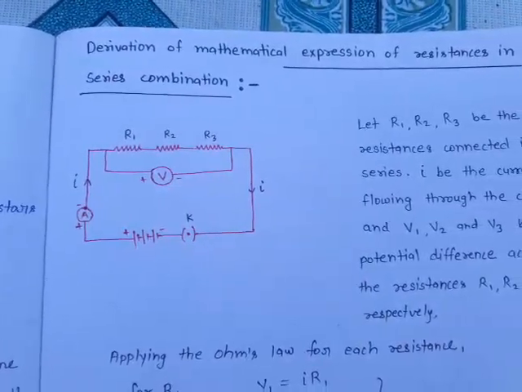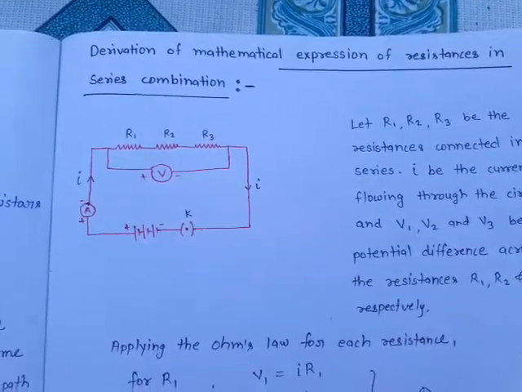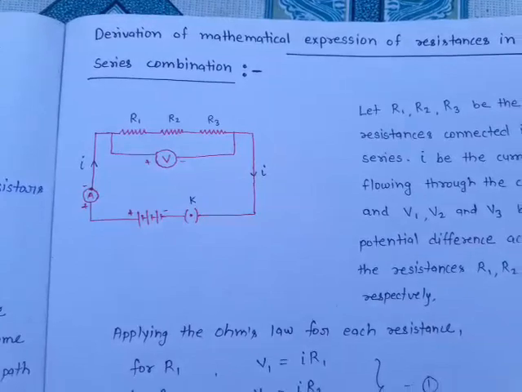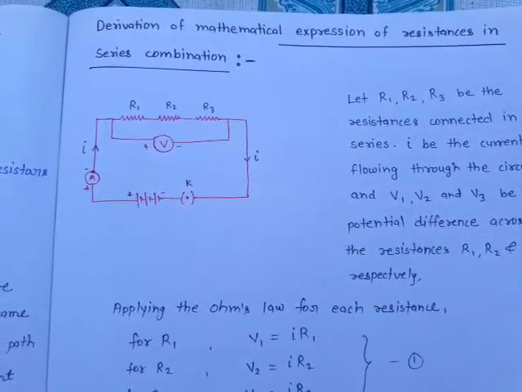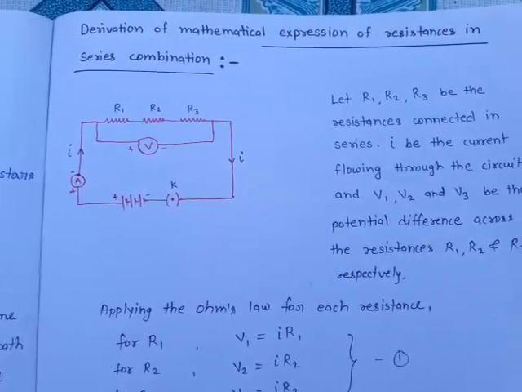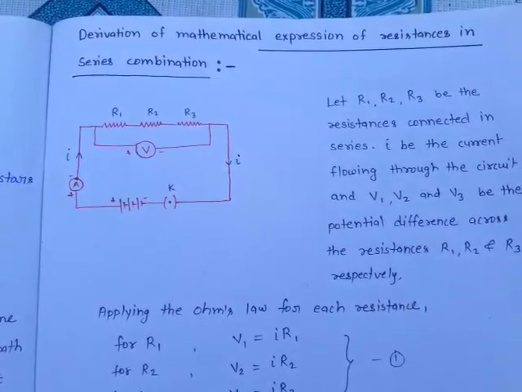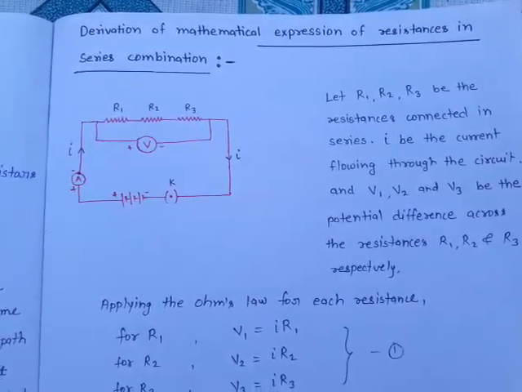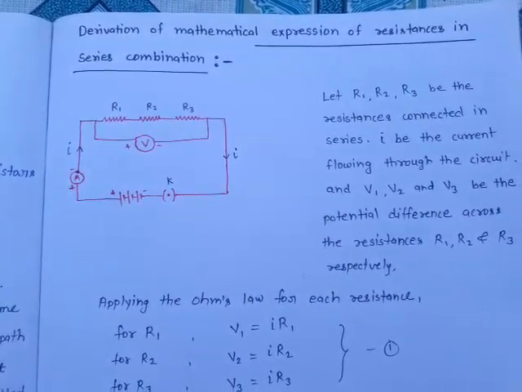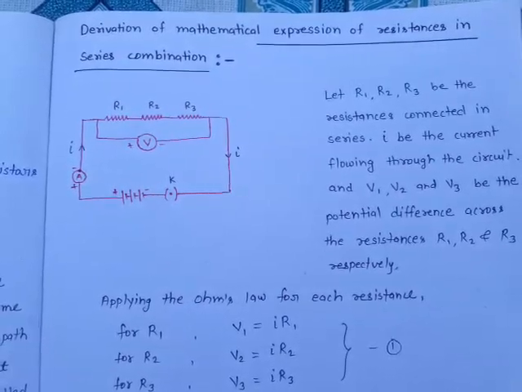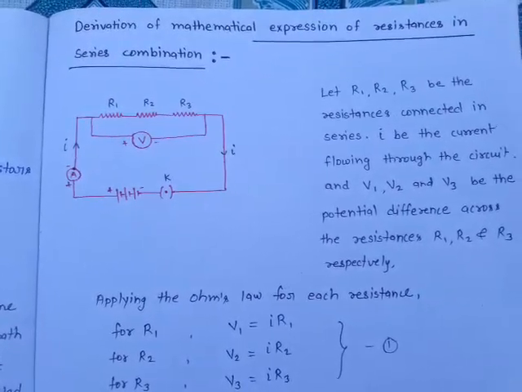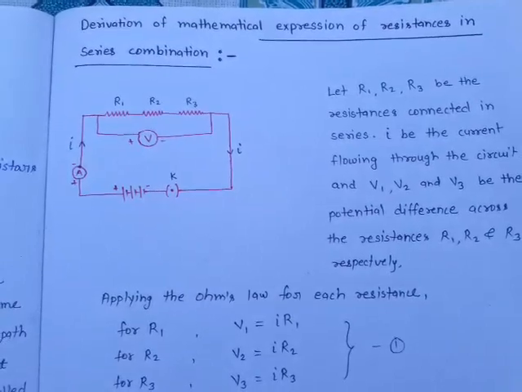Derivation of the mathematical expression for resistance in series combination. Let R1, R2, R3 be the resistances connected in series and I be the current flowing through the circuit, and V1, V2, V3 be the potential differences across the resistances R1, R2 and R3 respectively.